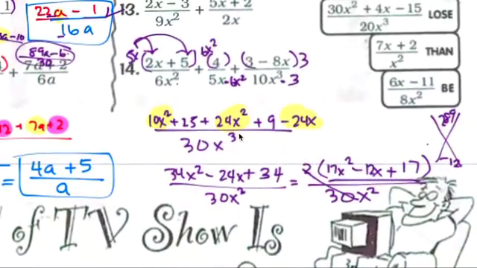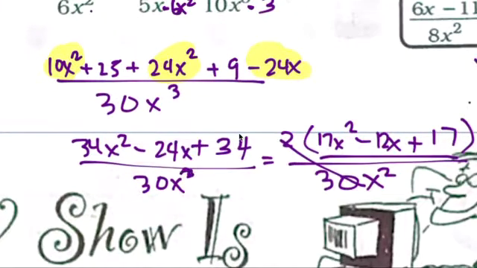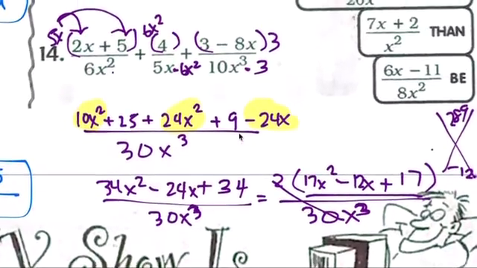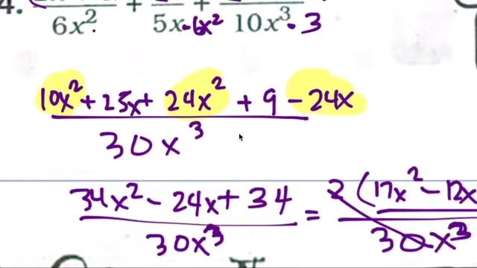Oh, this is cubed. Did I make a mistake somewhere? Looks like it. 25x, got the x there. Combine these two together right here, and that gives you a positive x.